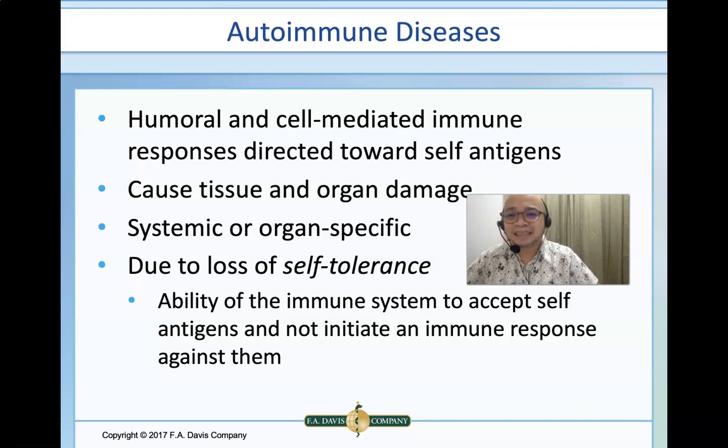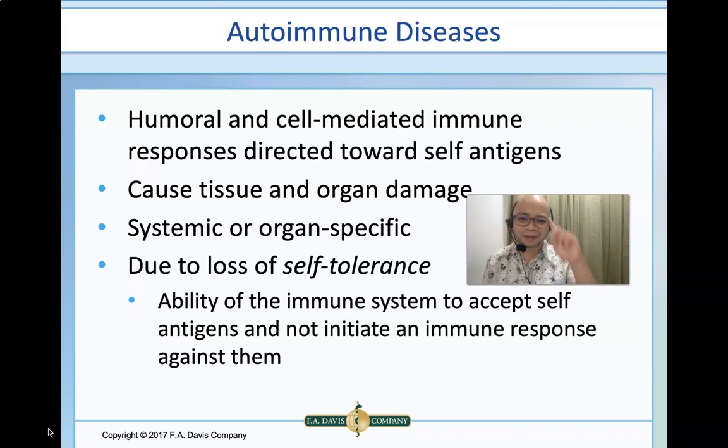Which means that there would be the production of antibodies, and different types of T cells may be produced directed toward self-antigen. Self-antigen belongs to our body. It may cause tissue or organ damage in our own body. So autoimmune diseases may be classified either as systemic or organ-specific.